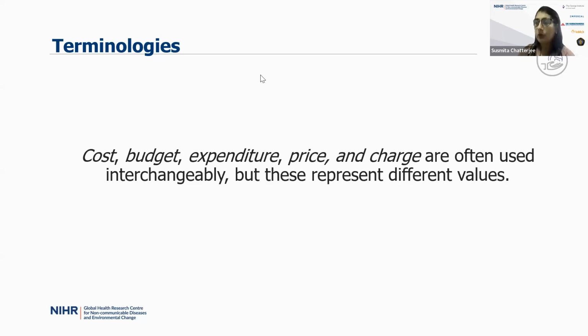If I want to know what is the actual expenditure for 2023, the immediate response I get from the researchers is that, yes, we have our budget and we can give it to you.